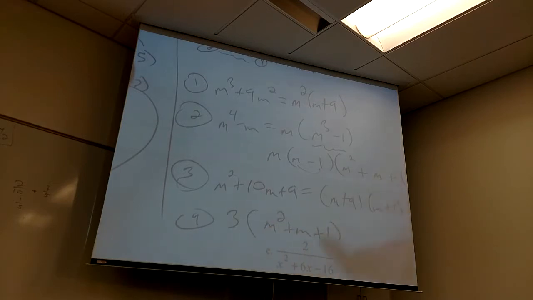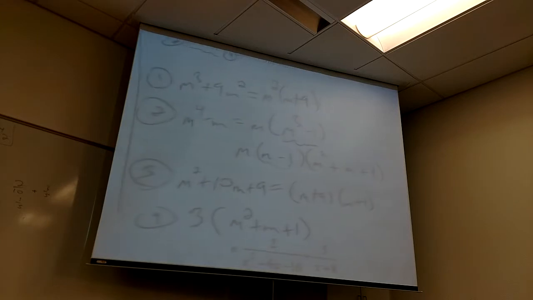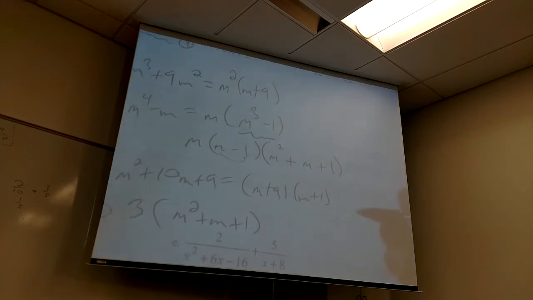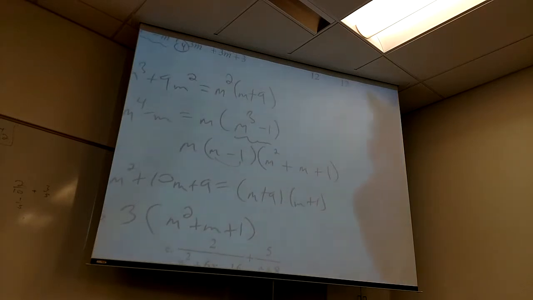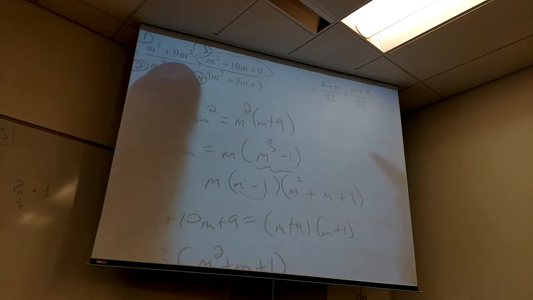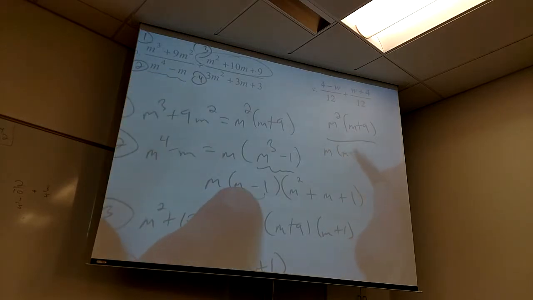That sounds very familiar. So now if I put all that back together, of course doing it this way takes up a little bit of room, but if I put all that back together, I'm going to get m squared times m plus 9 over m times m minus 1 times m squared plus m plus 1.